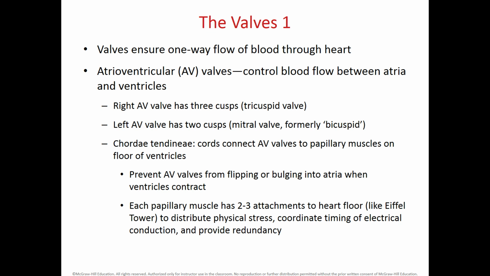The right atrioventricular valve is called tricuspid. The left is also called bicuspid or mitral. And as I told you before, the chordae tendineae help to prevent the prolapse of the AV valves into the atria.